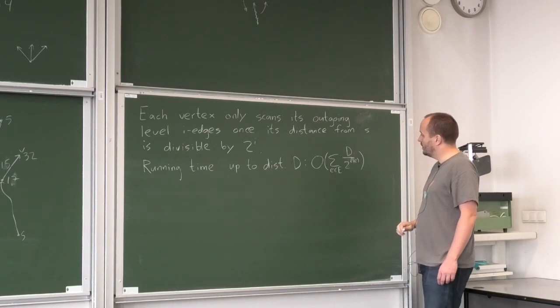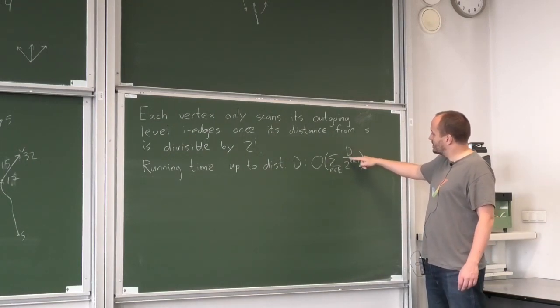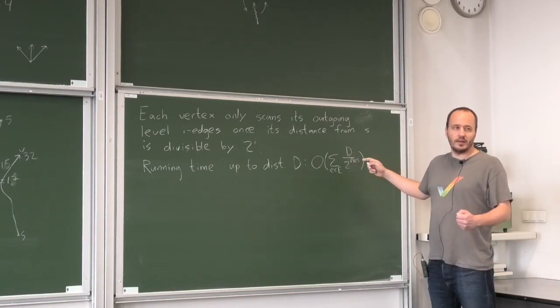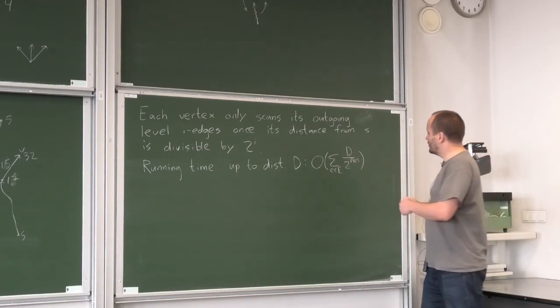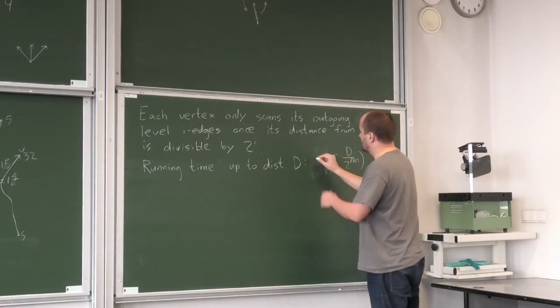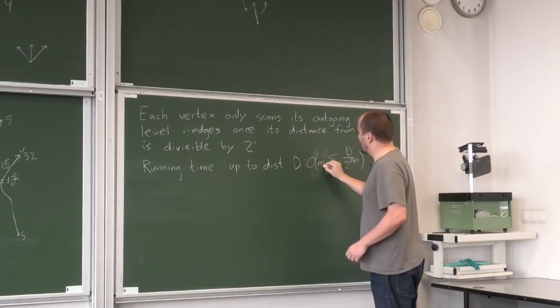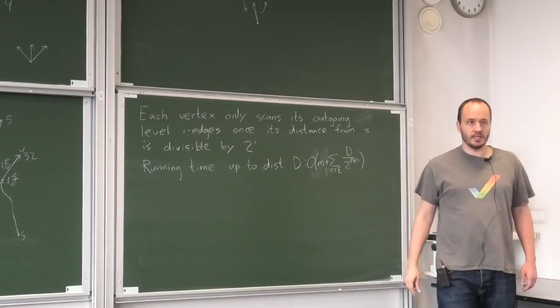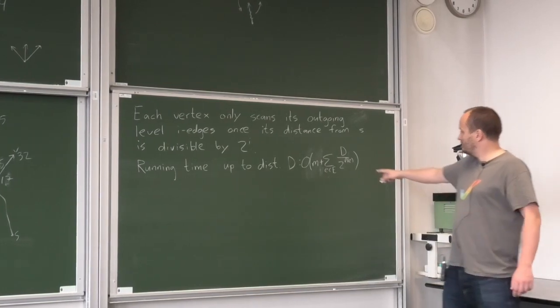Okay. And then there's a special case because this value here could be less than 1, but you still need to look at every edge at least once in the graph. So you also need constant time. So let me write it like this. You have M plus this sum here. It's just a technicality. But does this make sense?